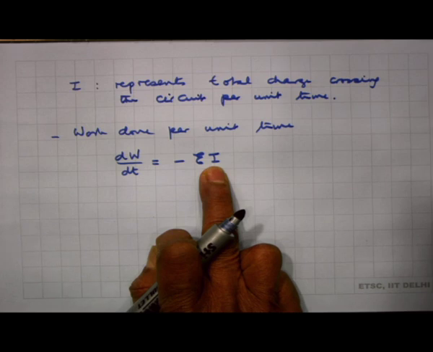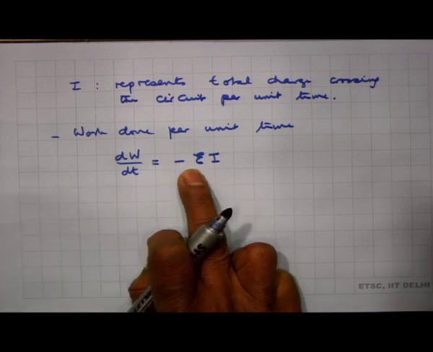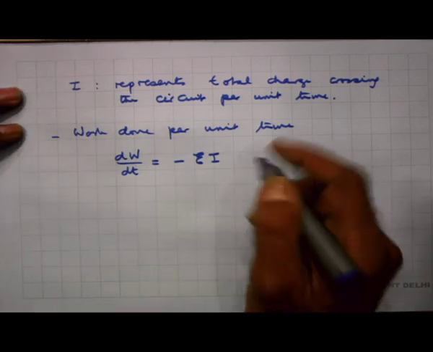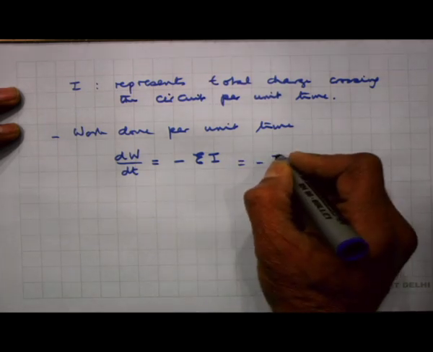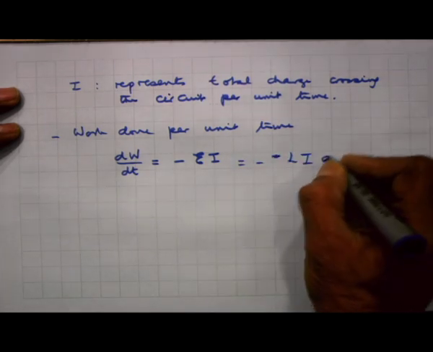So, I must move I charges per unit time through the circuit, and for moving each charge I am doing work minus E. So, the work I am doing per unit time against the induced EMF is minus E times I.